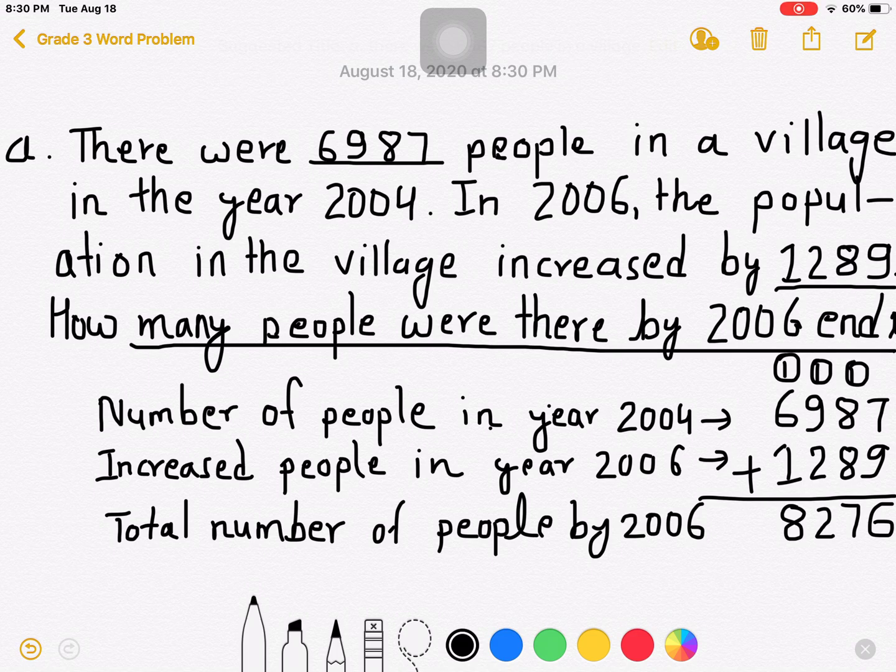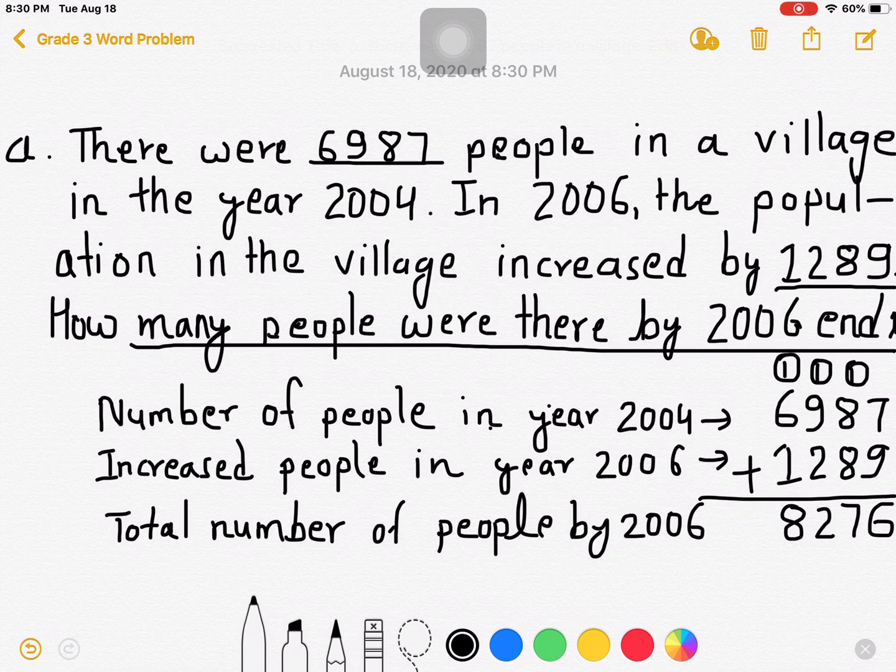Now let's check our addition again. 9 and 7, 16. 1 carry over, 8, 8, 16 plus 1, 17. 7, 1 carry over, 9 plus 1, 10, 11, 12. 2, 1 carry over, 6, 7, 8.